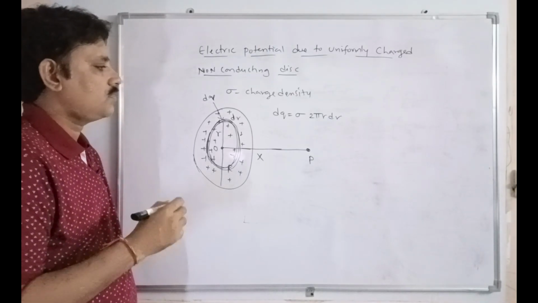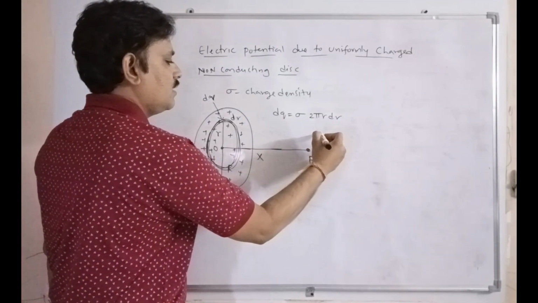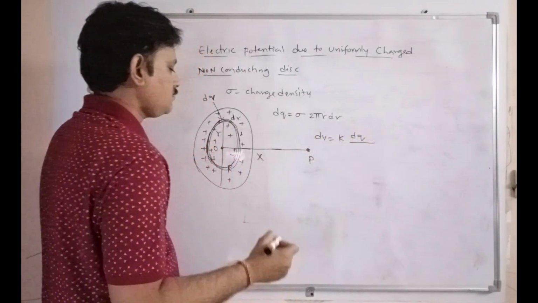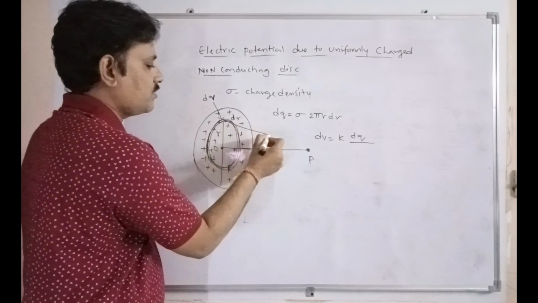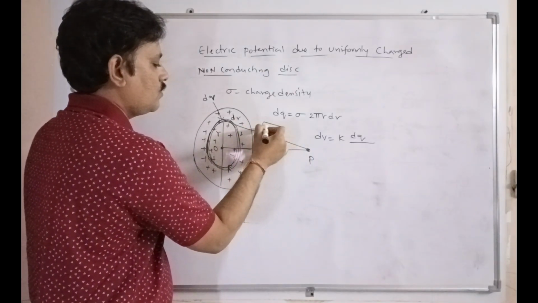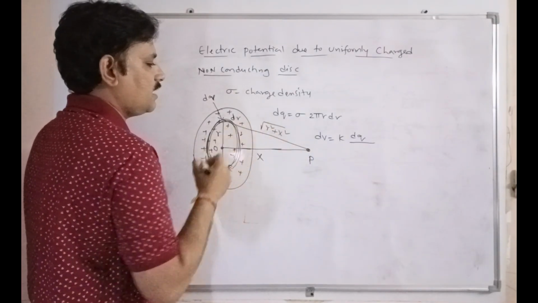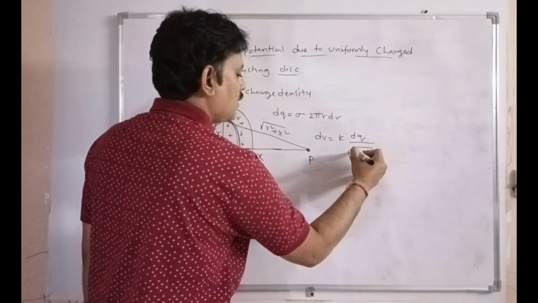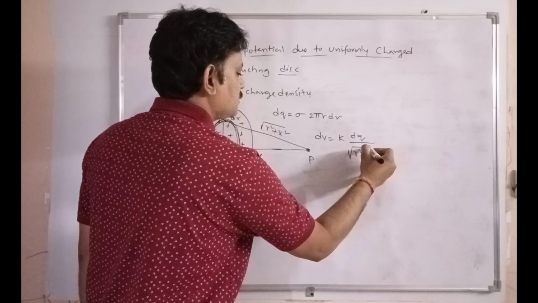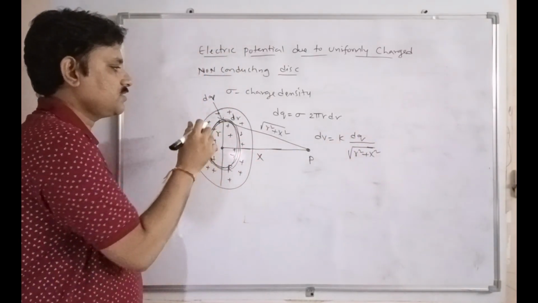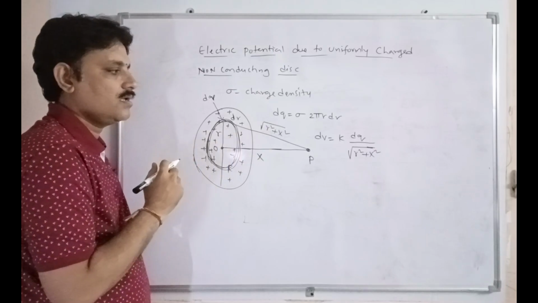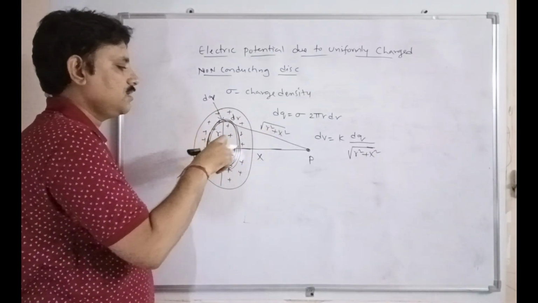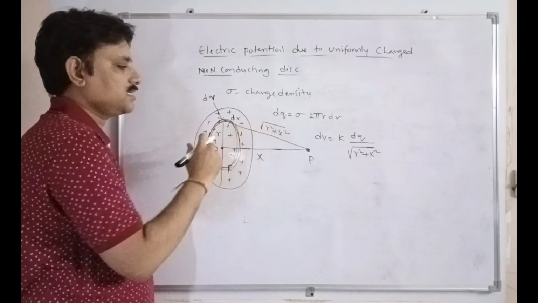And next, what is the potential dV? dV is equal to k into dq by the distance from here to here, which is root r square plus x square. So k into dq by root r square plus x square is the small potential with respect to the small charge at a point P. The point P is at a distance from the charged ring of root r square plus x square.